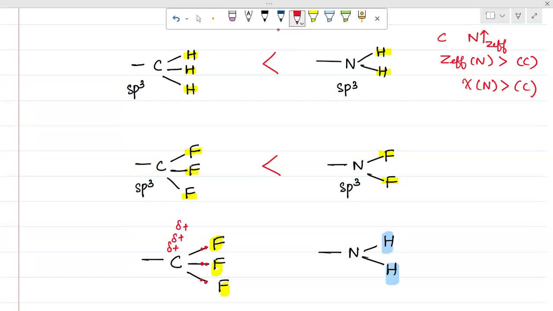Because of the highly electronegative environment of fluorines beside carbon, CF3 has a very huge positive charge. We said, right, as positive charge increases, electronegativity also increases. So this increase in the positive charge of CF3 dominates, and the electronegativity of CF3 is more than that of NH2.